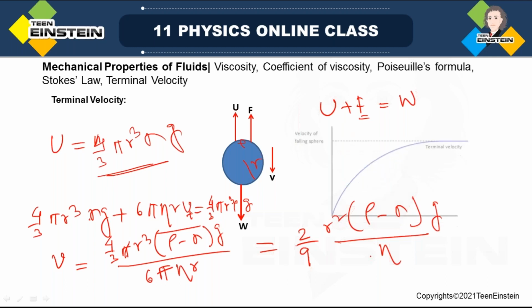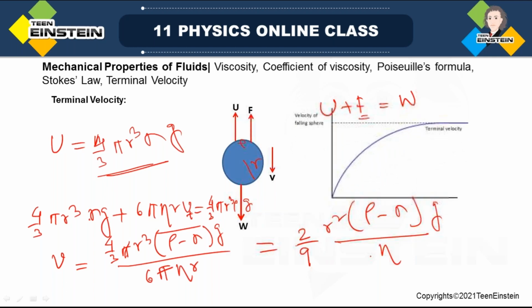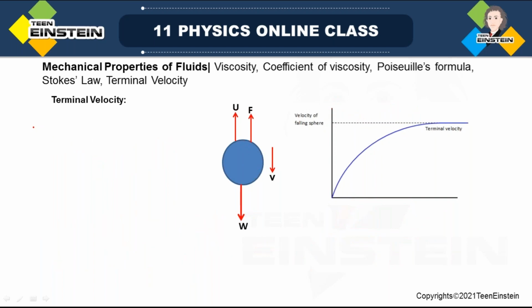So what is the expression for terminal velocity and how it varies with time, we'll see here. The expression for terminal velocity is 2 by 9 into r square, rho minus sigma divided by eta, into g.